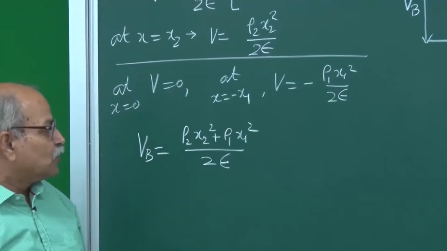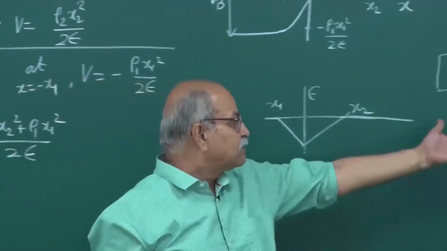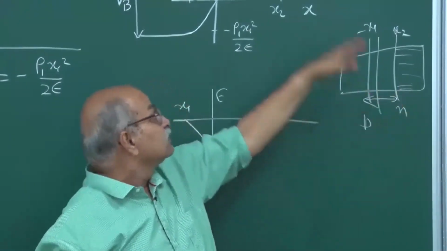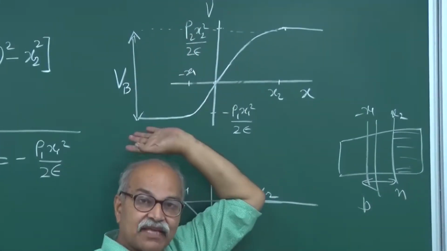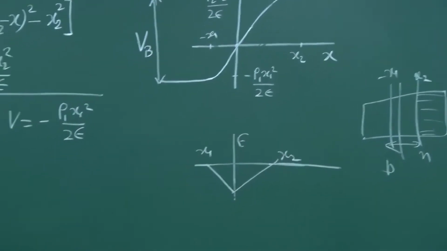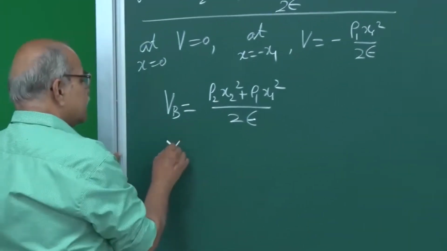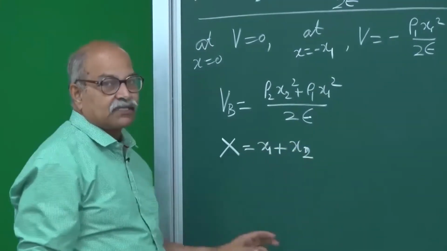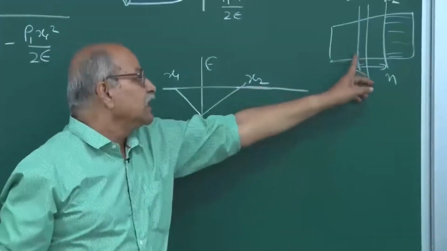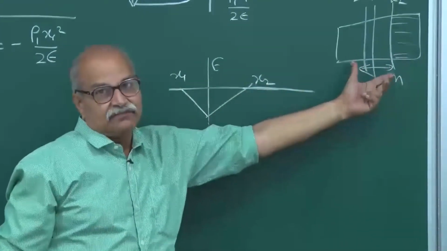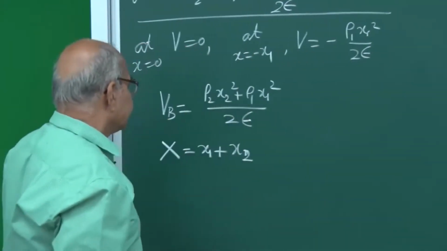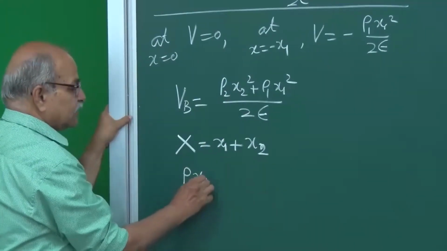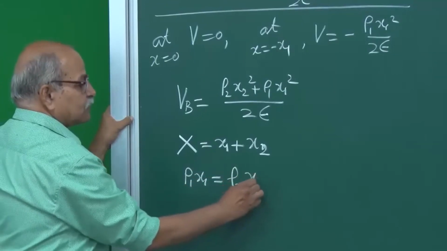Let us try to write that width of depletion region, the relation between that and this potential barrier that we have calculated. So what we are interested in, that width of the depletion region, which is x1 plus x2. This x1 and this x2, this is the total width of the depletion region. You have one more relation, and that is rho 1 x1 is equal to rho 2 x2.